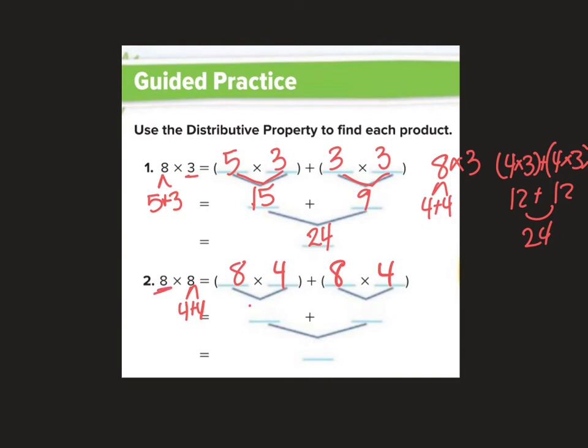So 8 times 4 is 32. 8 times 4 is 32. So 32 and 32 is 3 and 3 makes 6. 4. Whoops, I was going to write 3 for some reason. Maybe I was thinking about 32. 64.